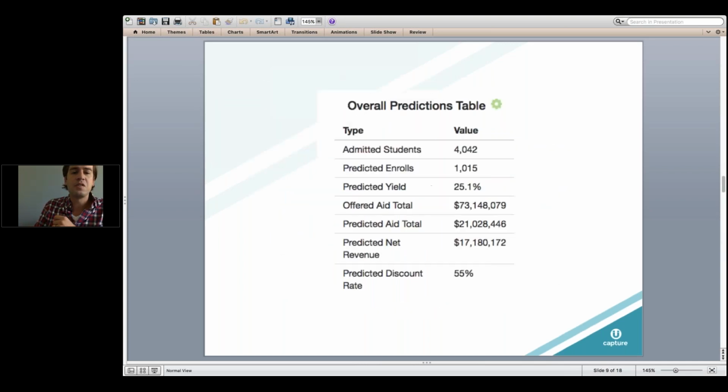Let's show where we have the predicted yield rate. So all along the way we're going to be giving a predicted yield rate, and looking at that is going to give you an idea of whether you're ahead or behind of your goal or compared to previous years.